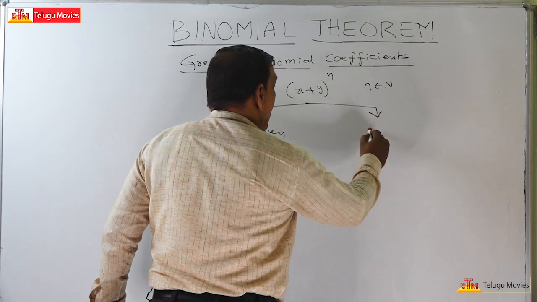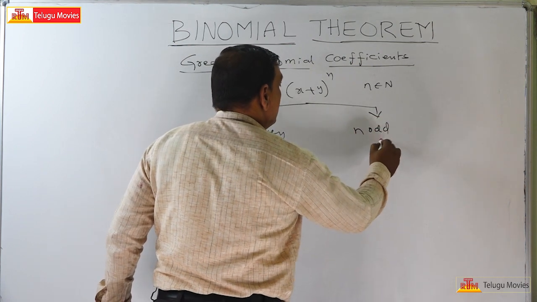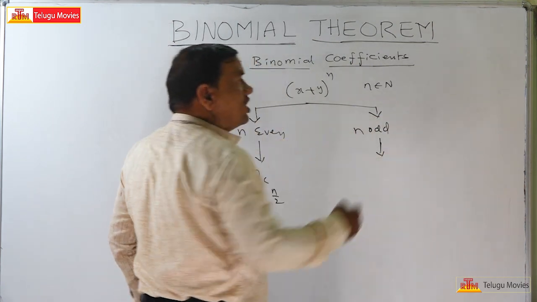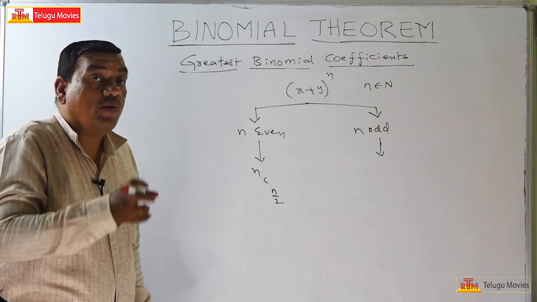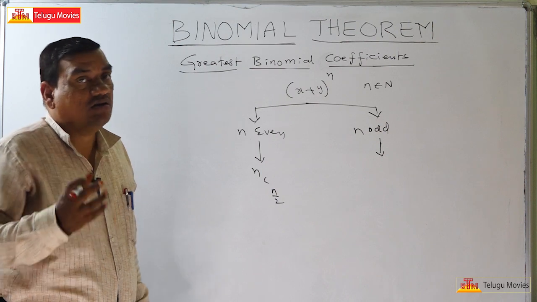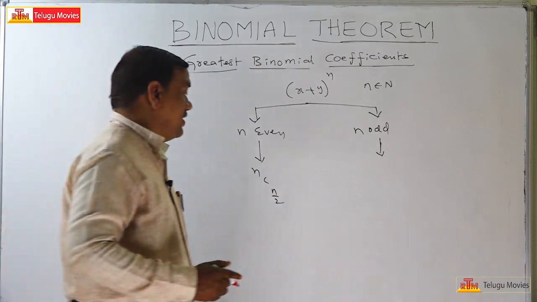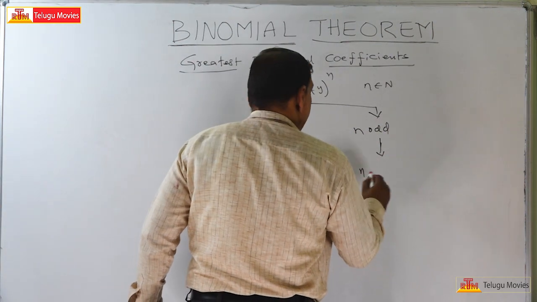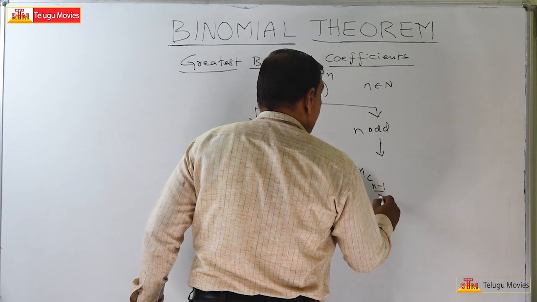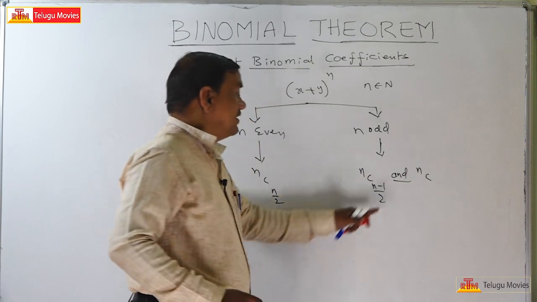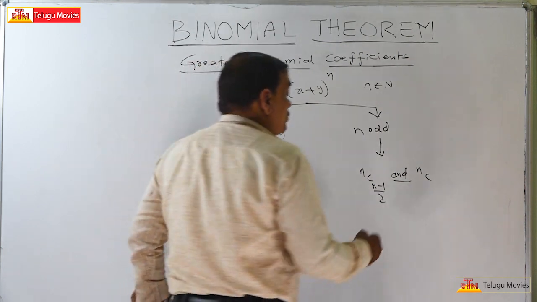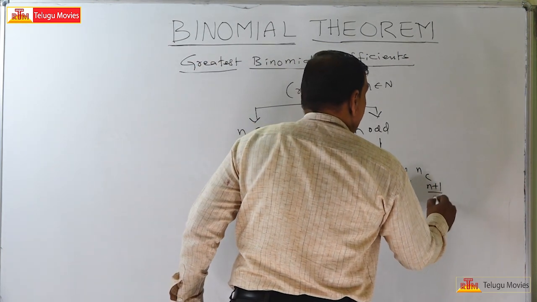If n is odd, you will get an even number of terms, so there will be two middlemost terms. Both are greatest and both have equal value. They are given by nC((n−1)/2) and nC((n+1)/2), where you just add plus 1.